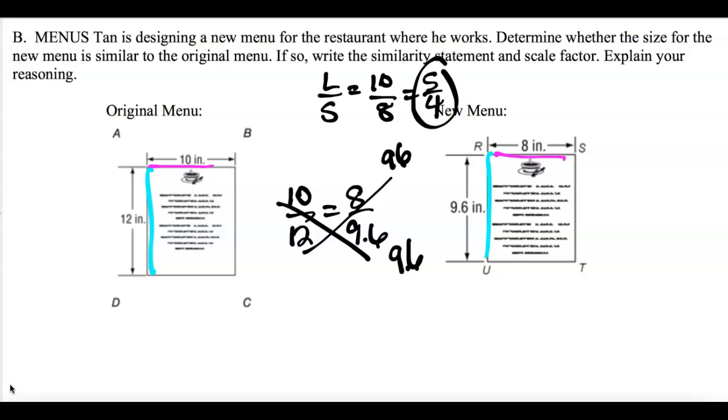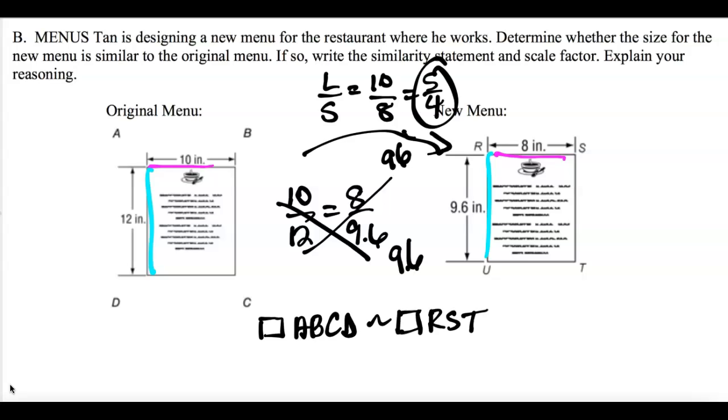So the scale factor when I go in this direction is 5/4, which then means we can make a similarity statement. This is a rectangle, so I'm going to say rectangle ABCD is similar to rectangle RSTU.